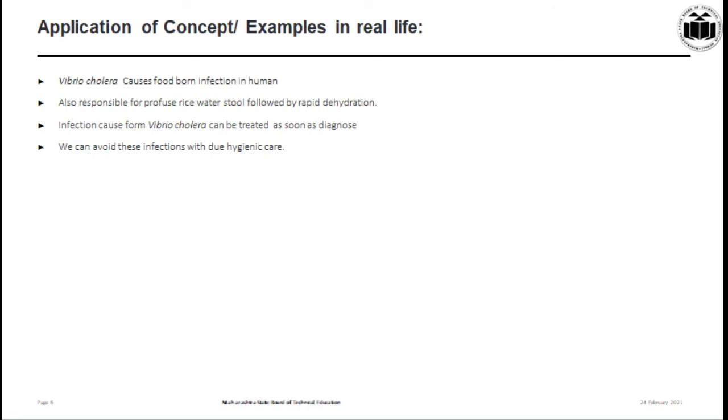If the diagnosis of Vibrio cholerae is not made early, it may lead to severe chronic infection and may lead to death also. For that, you must maintain hygienic conditions and avoid contaminated food such as street food, etc.